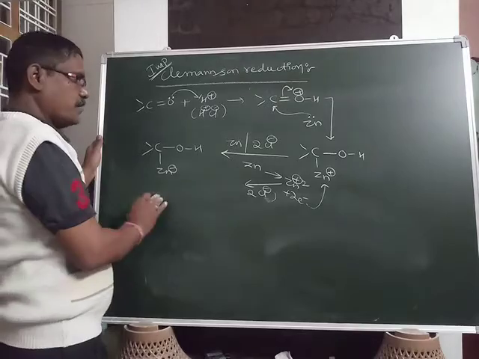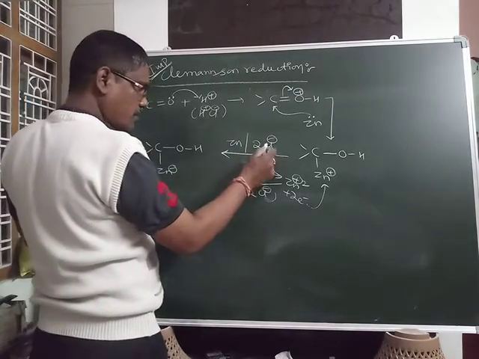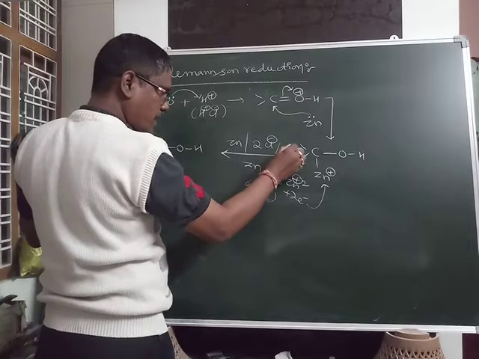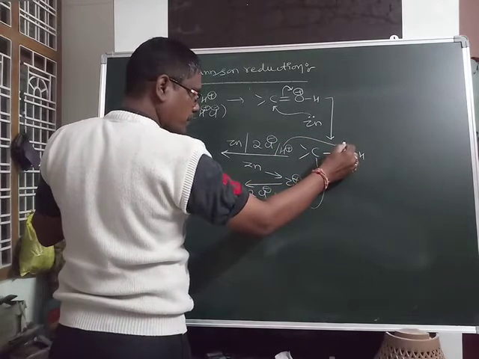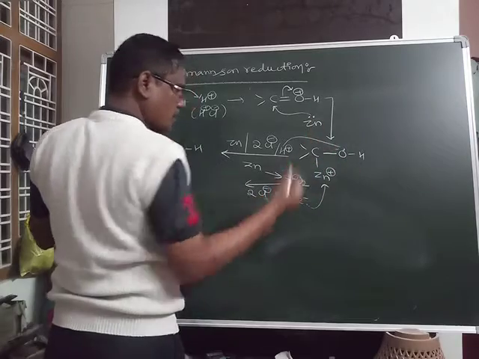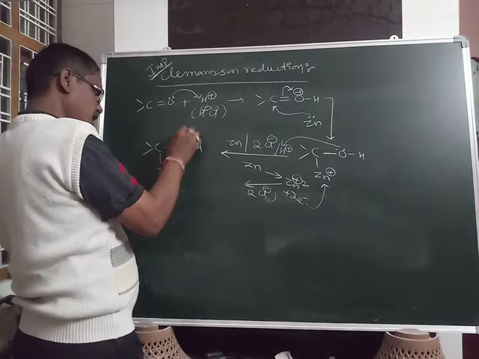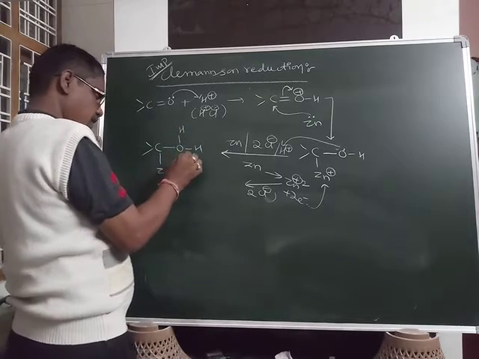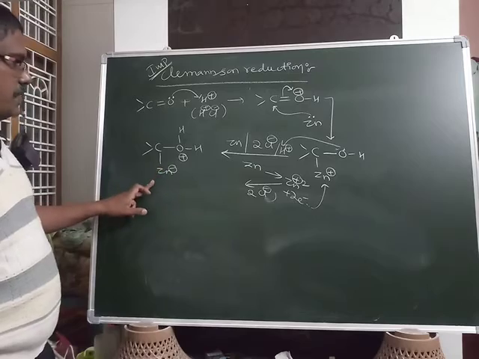After this, at the same time, 1 H plus is also required. This H plus ion is added to this one. Here there is also a lone pair of electrons, so it becomes plus, with a plus charge here and a minus charge here.